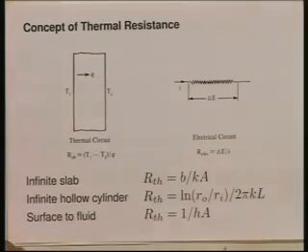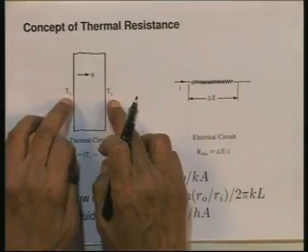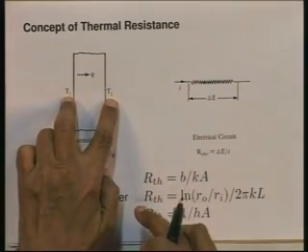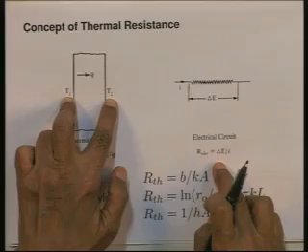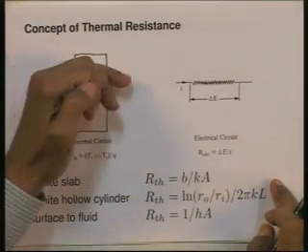Now, in an analogous manner, I define a quantity called a thermal resistance, as follows. Suppose I have a solid and across the faces of the solid I have a temperature difference T 1 minus T 2. This is similar to the potential difference delta E, and there is a heat flow rate Q flowing across this solid.